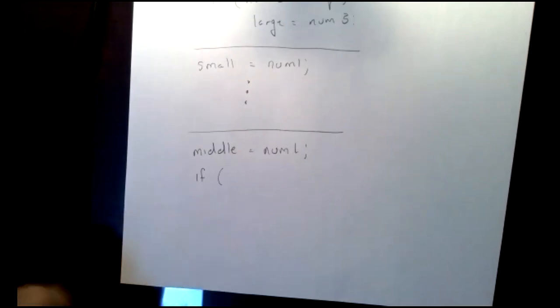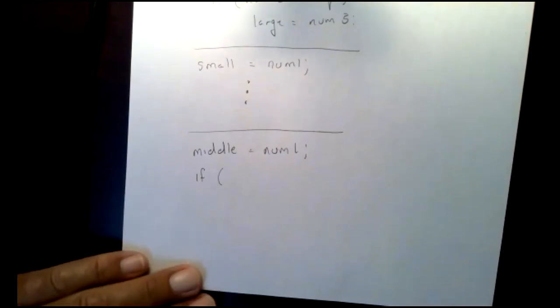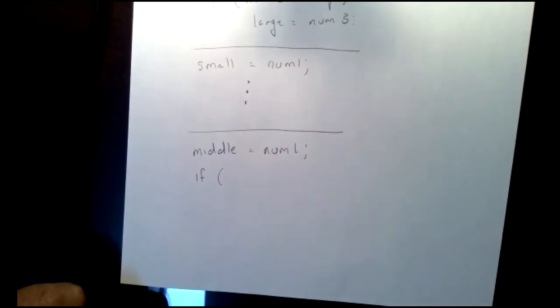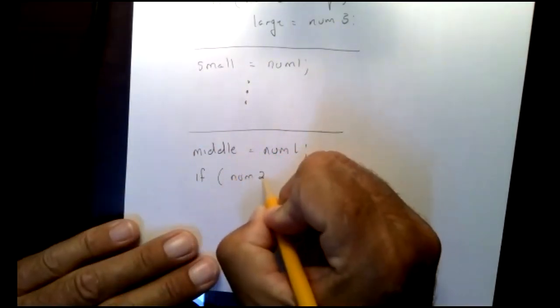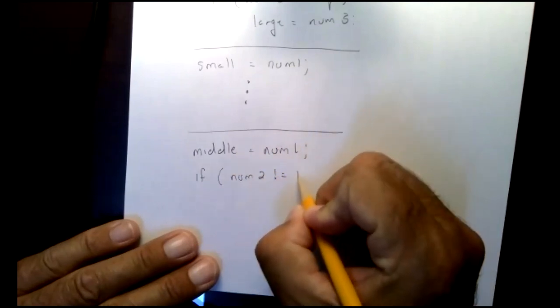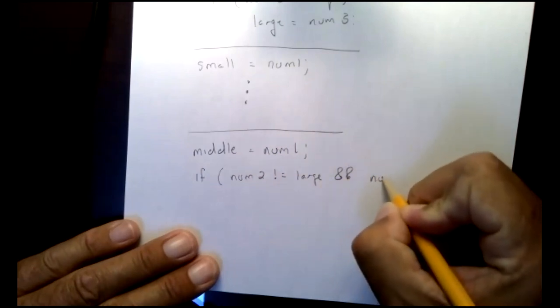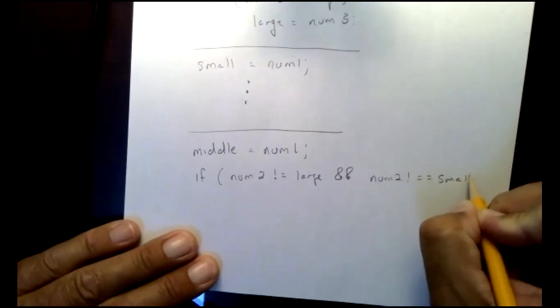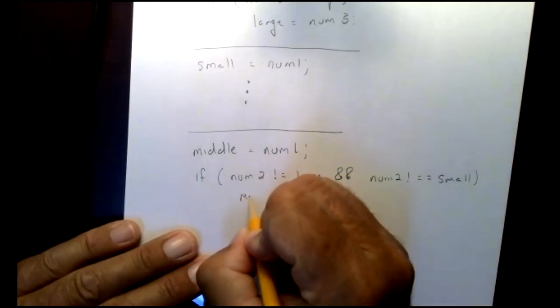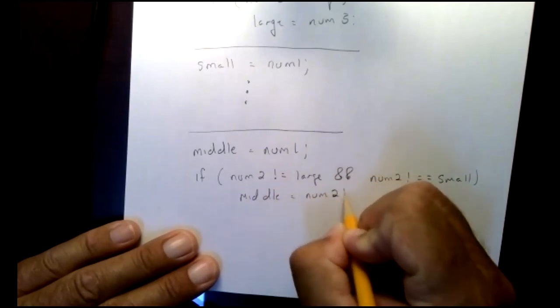We could say something like this. If num2 is not equal to large and num2 is not equal to small, so I could do something like this if I wanted. If num2 is not equal to large and num2 is not equal to small, then middle gets a value of num2.